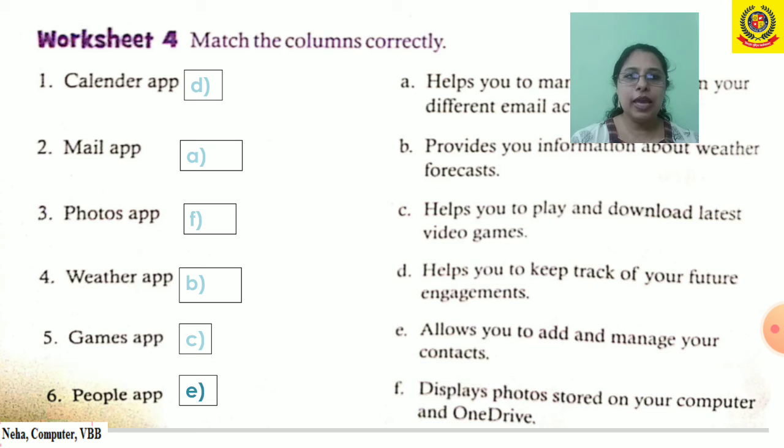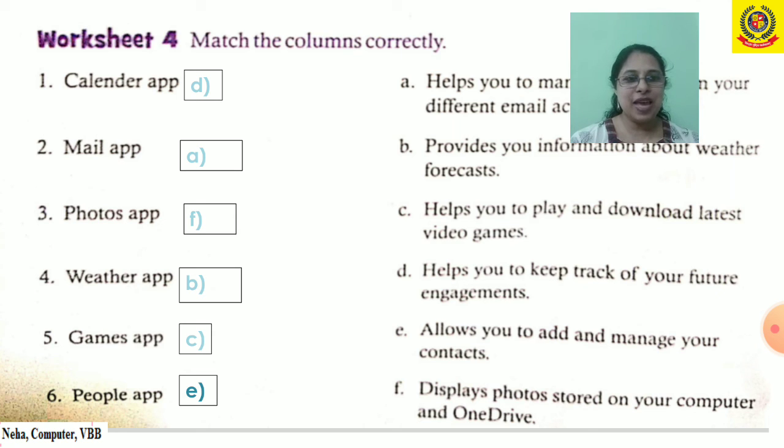Second is the mail app. Mail app manages our emails which come in our email account. That is A. Third, photos app, F. It displays photos stored on our computer and on OneDrive. Fourth, weather app. Weather app gives the information about the weather forecast.